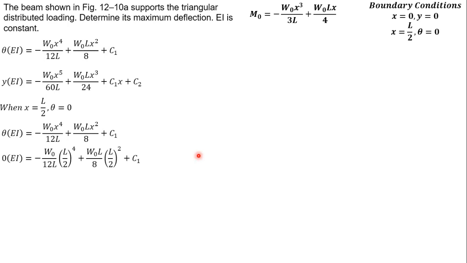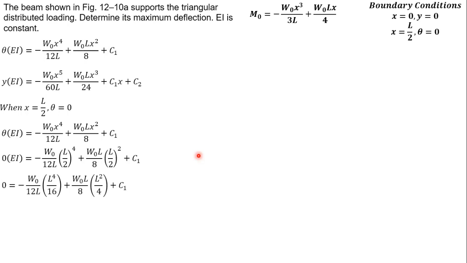So 0 times EI is equals to negative W0 divided by 12L times the quantity L over 2 raised to the fourth power plus W0 L divided by 8 times L over 2 squared plus C1. And then simplify natin.